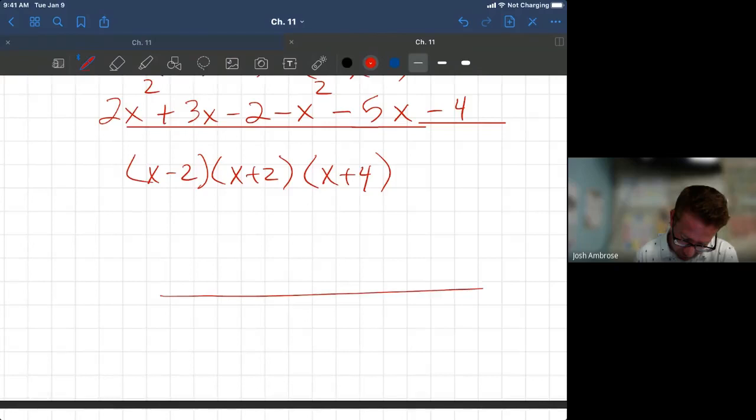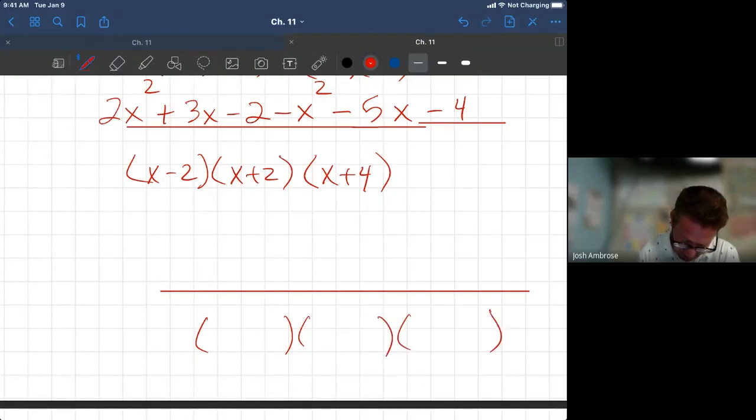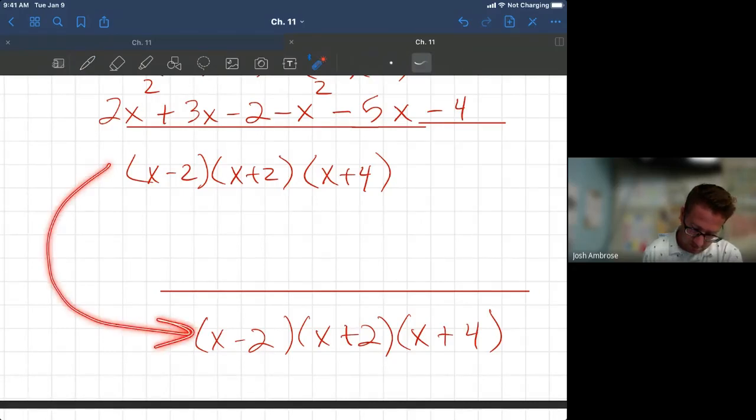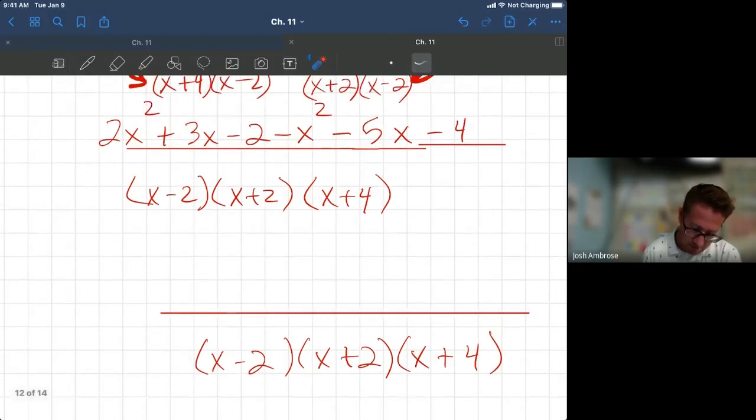All right. So let's write our common denominator one last time. x minus 2, x plus 2, x plus 4. Okay, so with that, all I did was write that denominator down there. Now look at the numerator.